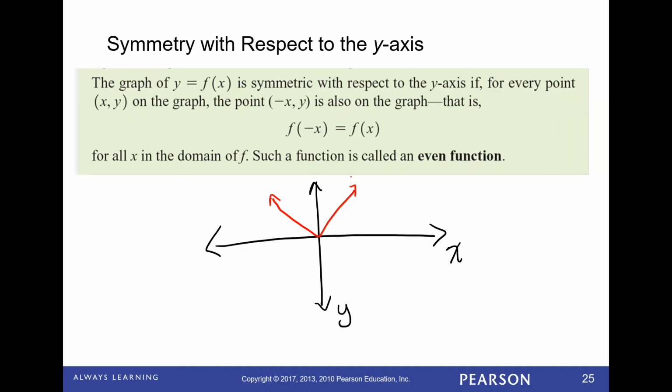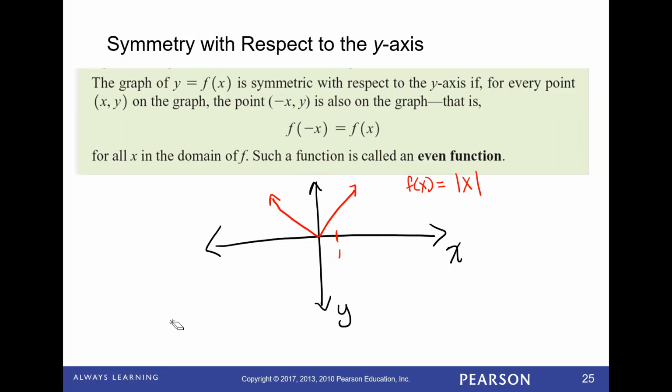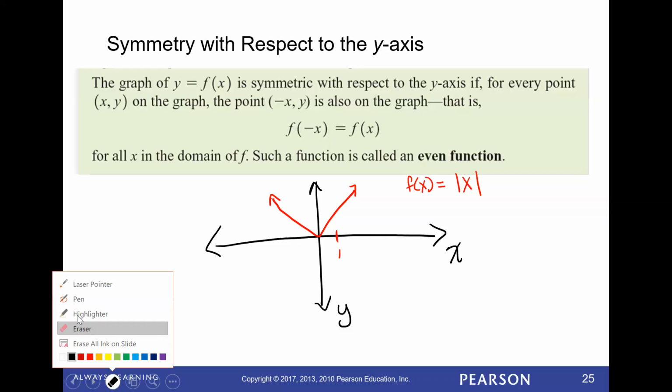So you'll notice I drew this kind of V shape here. That's my absolute value graph. Okay, so that would be a beautiful function of just saying the absolute value of x. This one here is actually perfectly symmetrical about the y-axis, meaning that for every x value, so if I have x equals 1, that y value is exactly the same when I look at it on the other side, where it would be for -1.